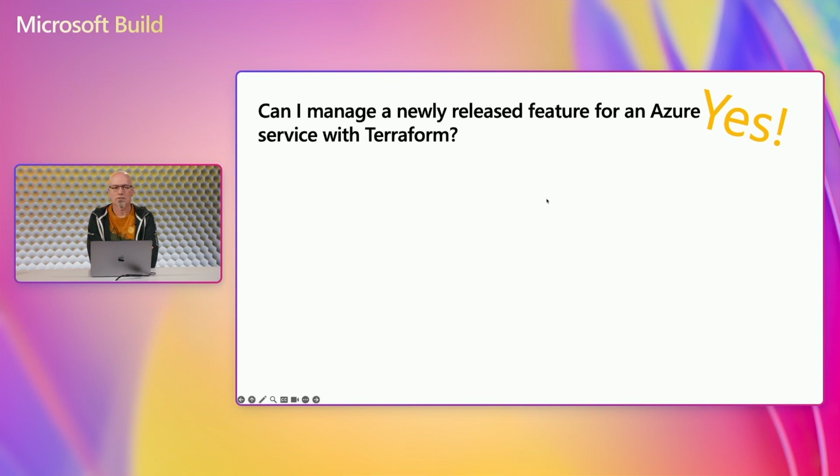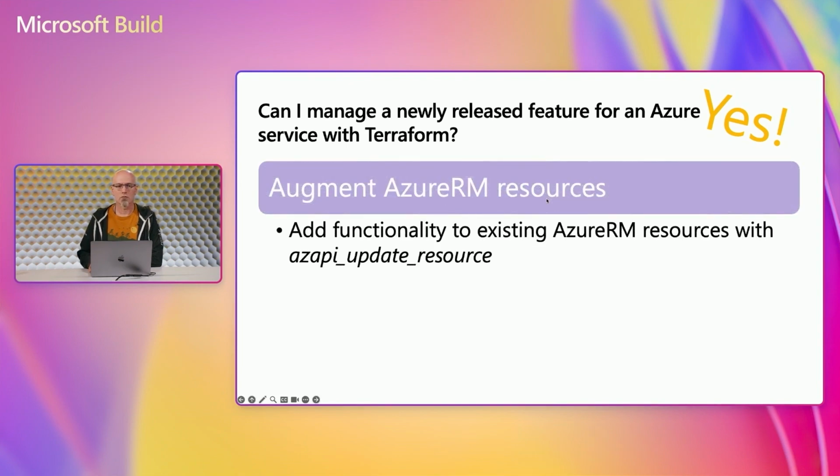They add new features and functionality on a monthly basis, or every couple of months. So they're really adding value very quickly, and the AzureRM provider can take some time to add support for those, especially if those features are released in preview first. So the AzAPI provider can give you the ability to manage those.